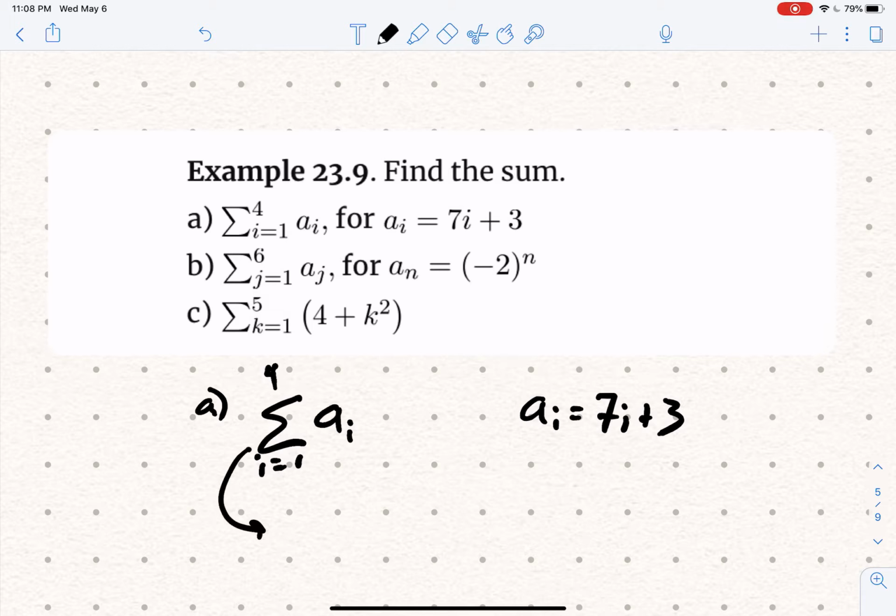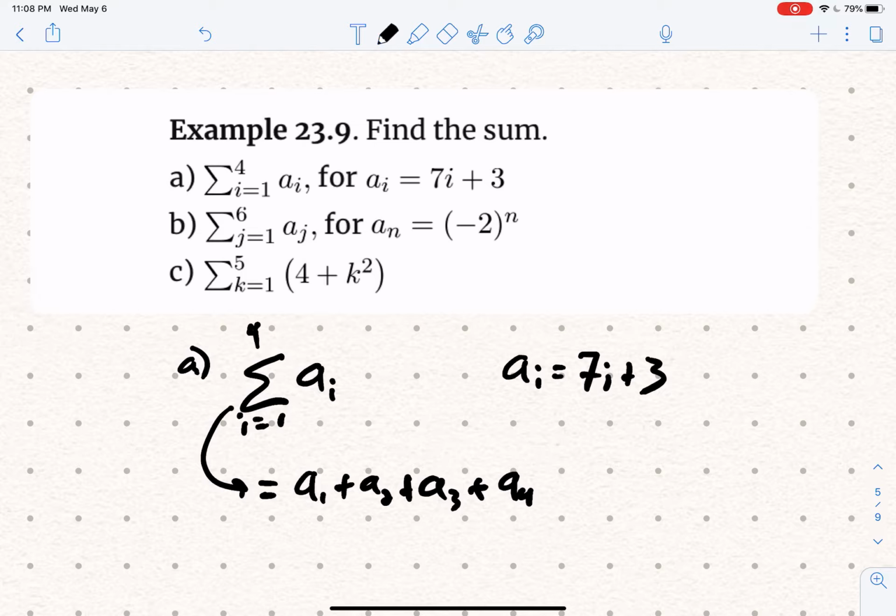We're going to substitute 1, 2, 3, and 4 in, and I'll just write them as a_1 plus a_2 plus a_3 plus a_4. We're going to be adding up 4 numbers, and we find those 4 numbers by using the formula here, substituting in first the number 1, and then the number 2, and so on.